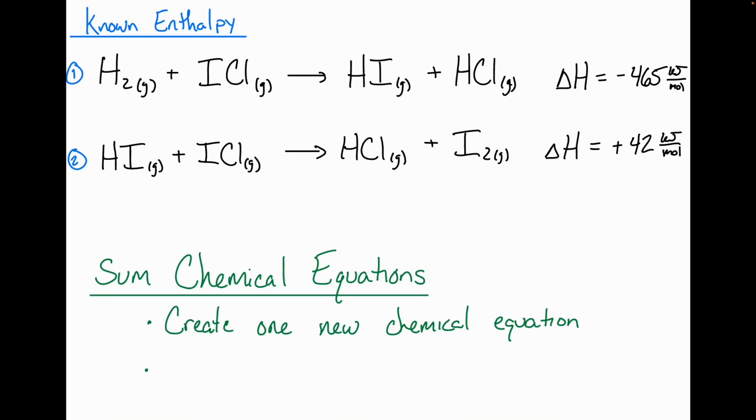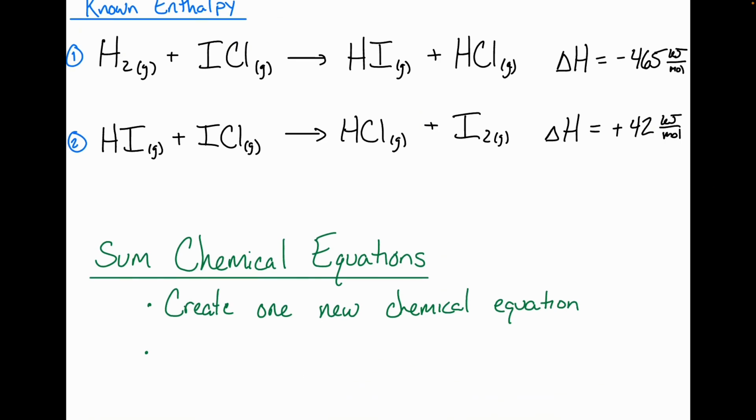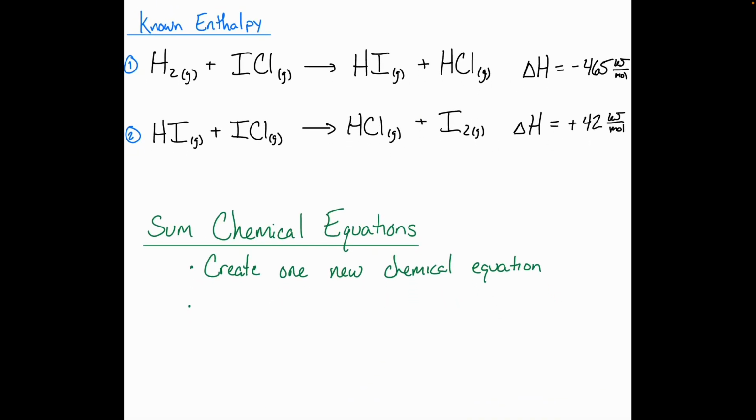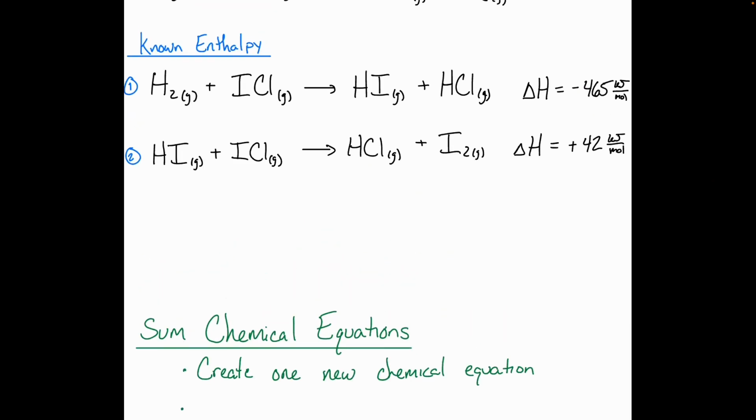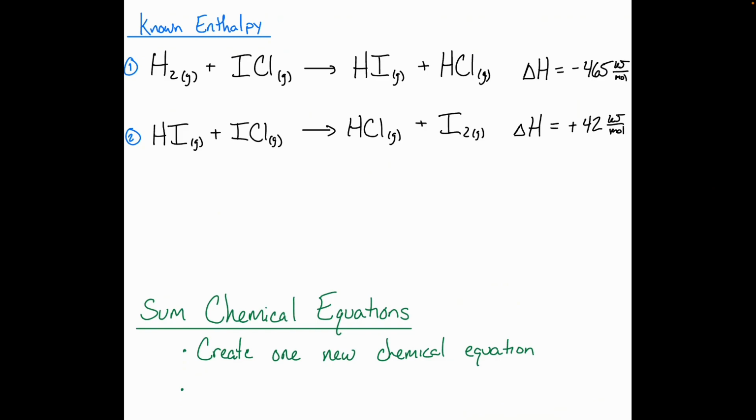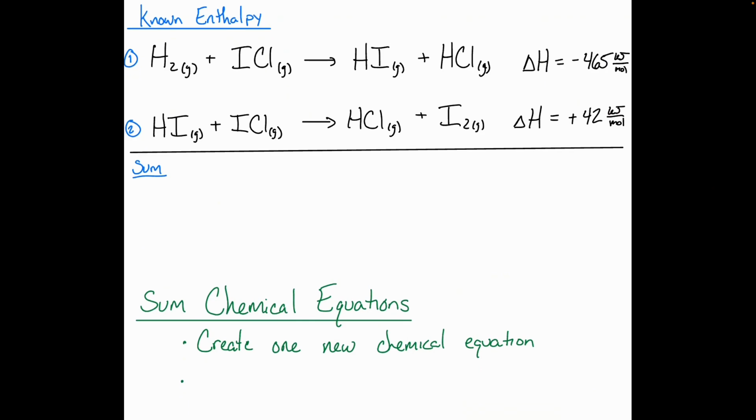We're going to combine the reactants of both of these reactions onto the reactant side of our new chemical equation. So now I'm going to sum up these two chemical equations, adding them together.